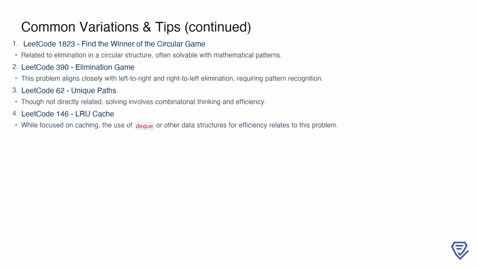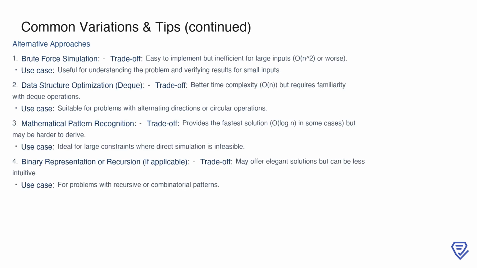While LeetCode 62, Unique Paths, isn't directly related, it emphasizes combinatorial thinking and efficiency, which can be useful for mathematical approaches. Finally, LeetCode 146, LRU Cache, focuses on caching but uses data structures like deques for efficiency, which parallels the optimization techniques applicable here.